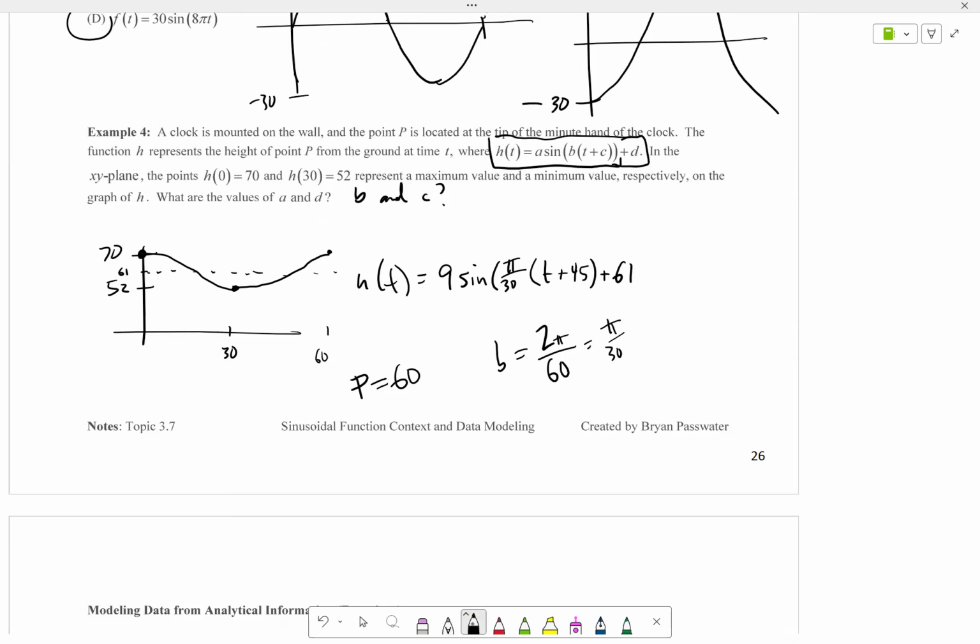So if you say t plus 45, that means you're going 45 to the left. If you shift that over, it should line up perfectly. That's what I was saying, minus 45. You can do minus 45 or plus 45, I feel like both work.